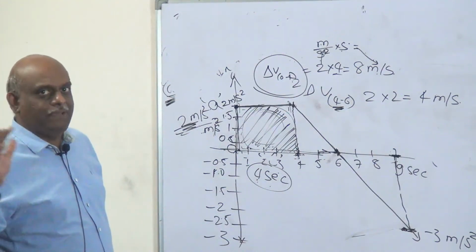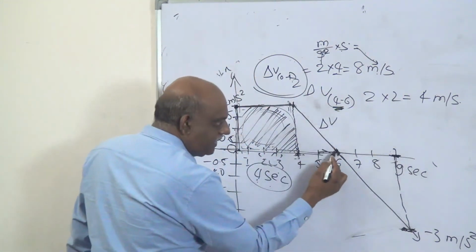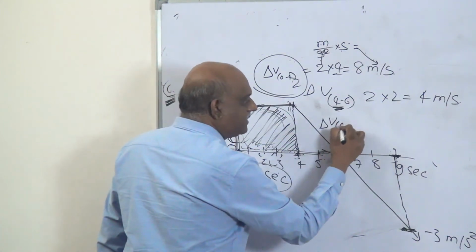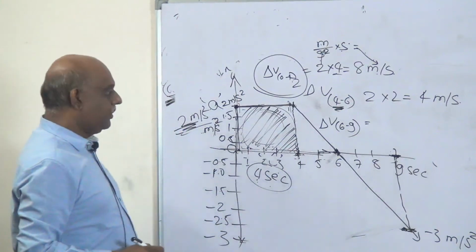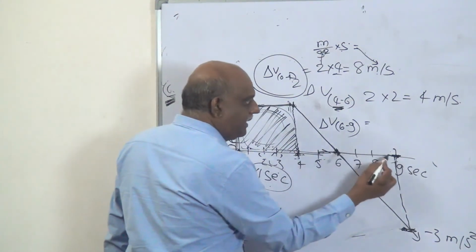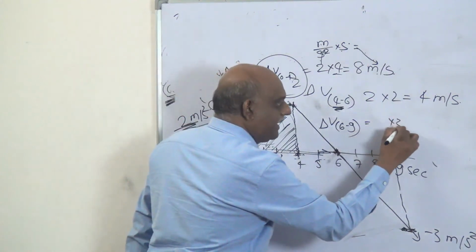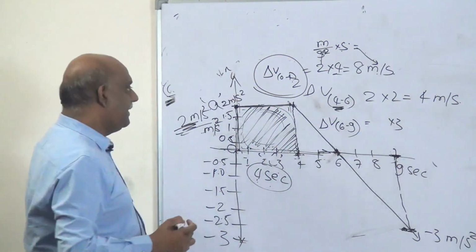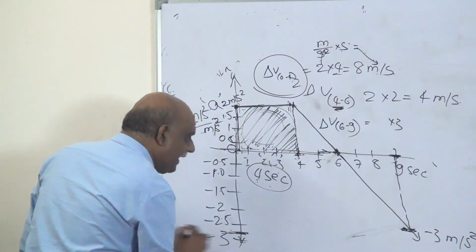Now, quickly, you have to answer this one. What is the change in the velocity from 6th to 9th second? From 6th to 9th second, what is the change in time? It is 3 seconds. And what is the height on the y-axis?